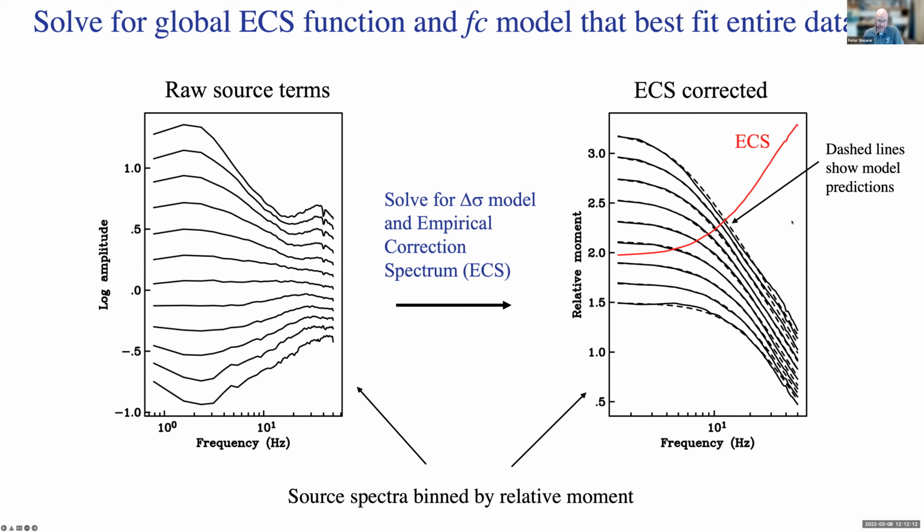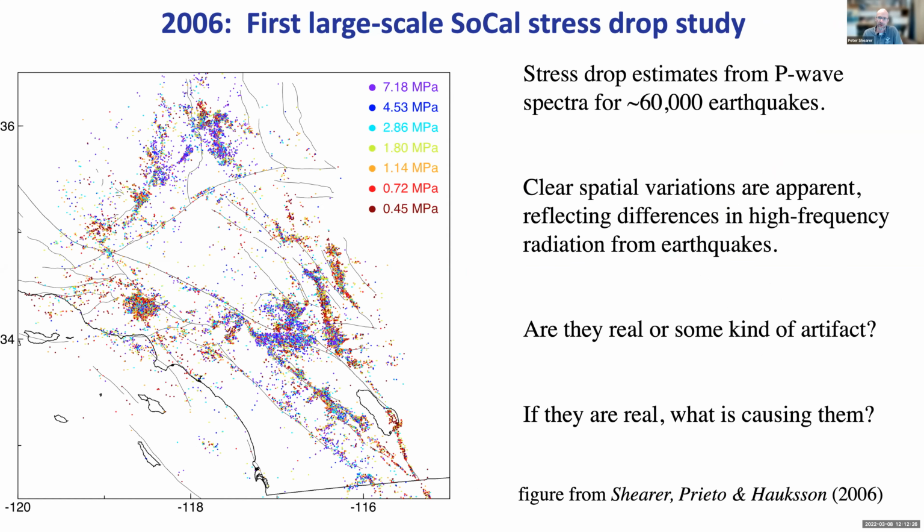So the idea then is that we're able to calibrate the results, I want to use that term, so that now on the right-hand side, we have what we think are the true shapes of the source spectra.